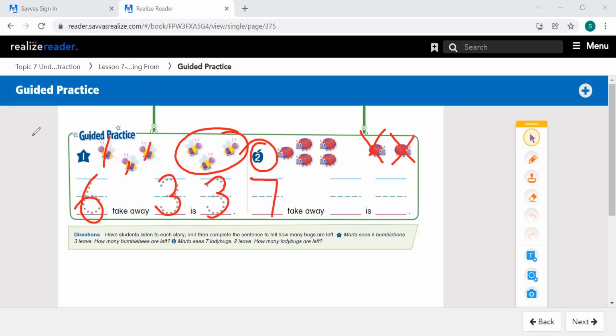There are 7. 7 take away 2 because 2 of the ladybugs left is how many? Let's count. 1, 2, 3, 4, 5. So 7 take away 2 is 5. Good job. Let's turn to the next page.